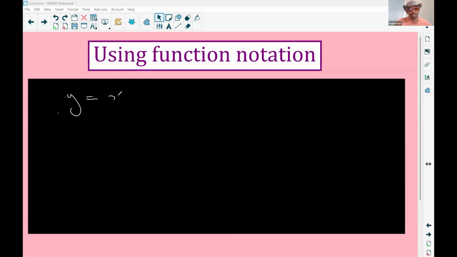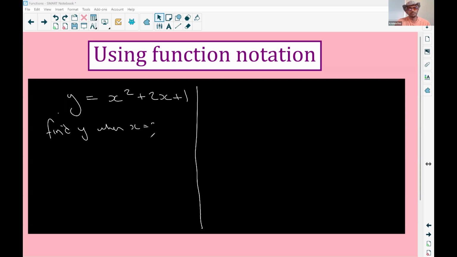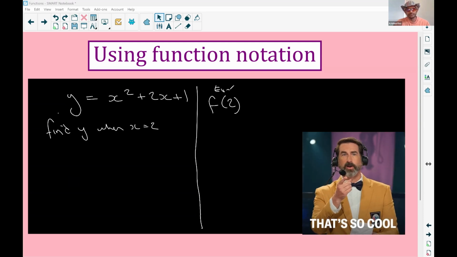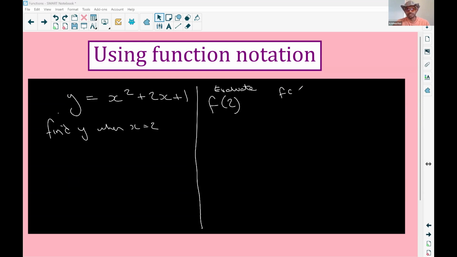So if we had y equals x squared plus 2x plus 1, if I wanted to find y when x equals 2, we could just say evaluate f(2) for the function f(x) equals x squared plus 2x plus 1.